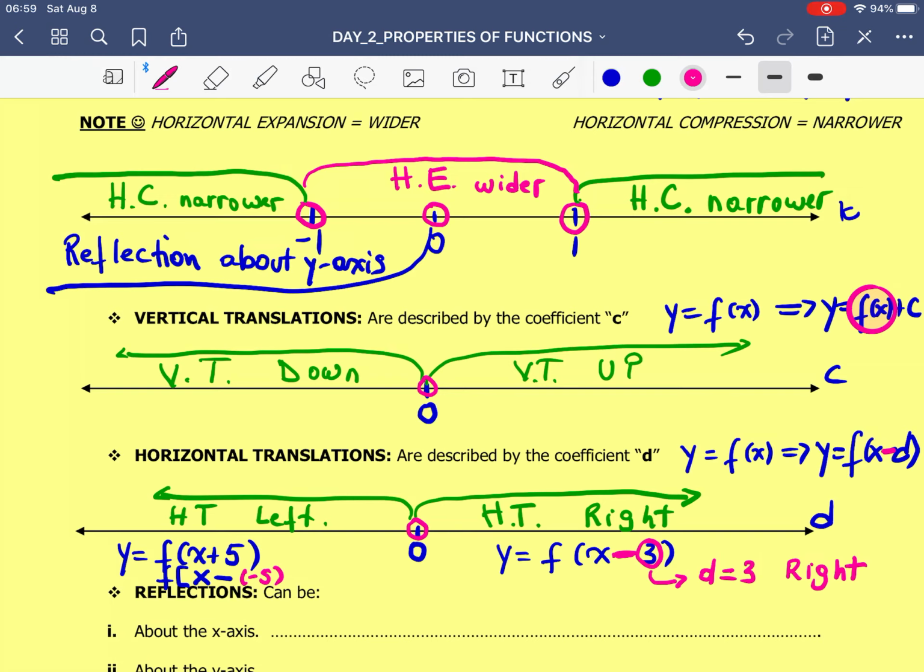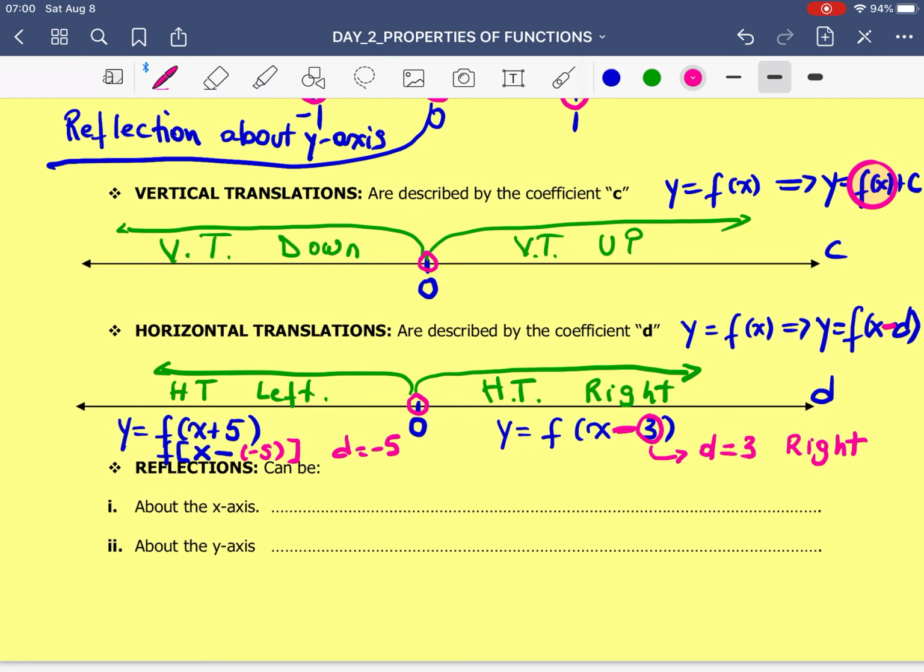So that's where the positive comes from in here. It comes from the two minuses. So with d being negative and the minus in the equation, we see a plus in here. And we're going to say that d is negative 5 here, and d negative 5 will cause the graph to move to the left.